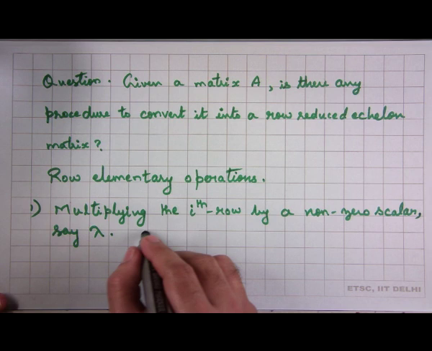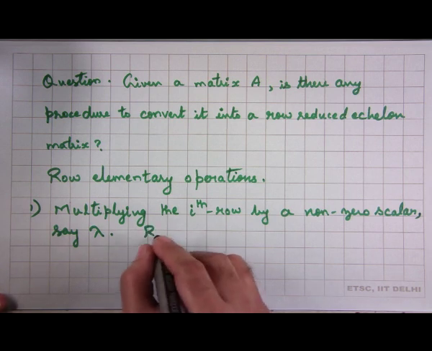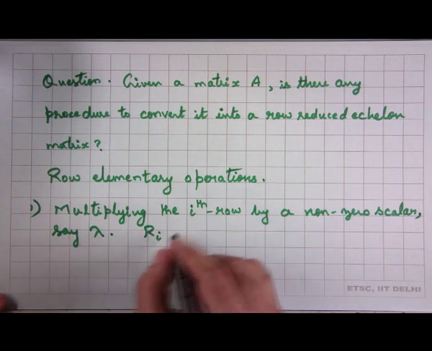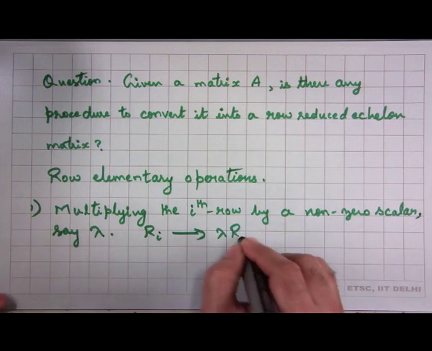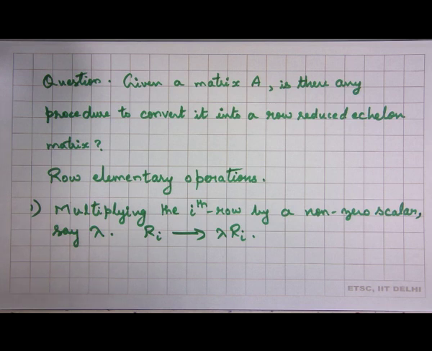We will denote this by the ith row is replaced by lambda times Ri. Let us do a simple example.